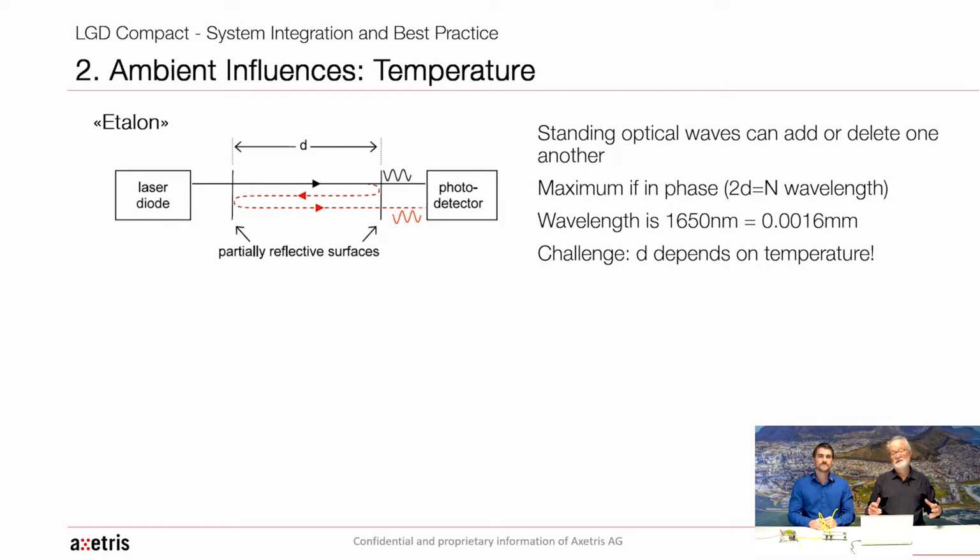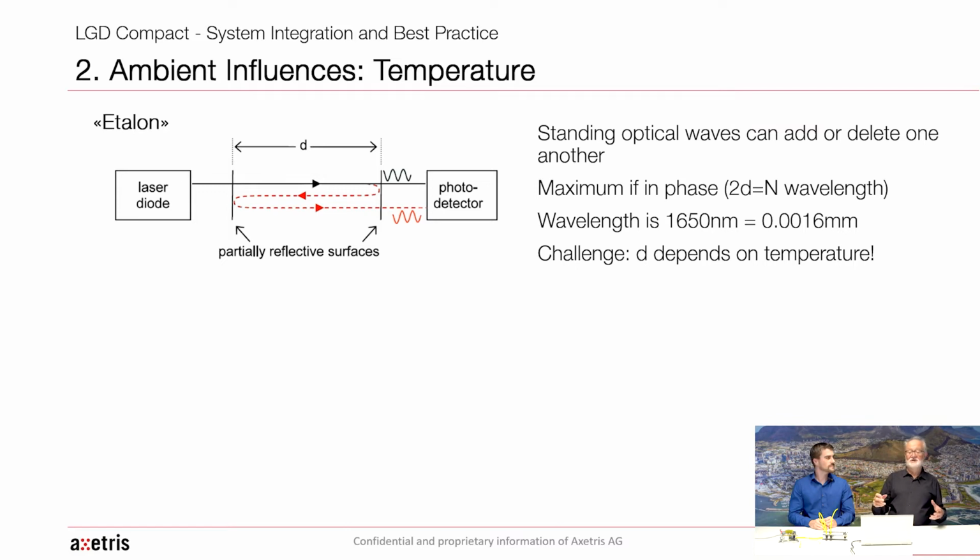And what is important is that the wavelength is only 1650 nanometers in the case of a methane instrument. That's 1.6 thousandths of a millimeter. That's very small.